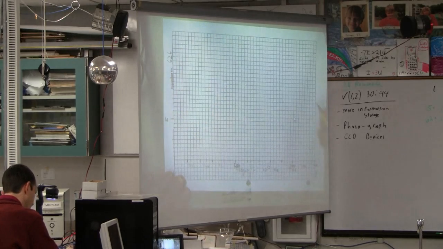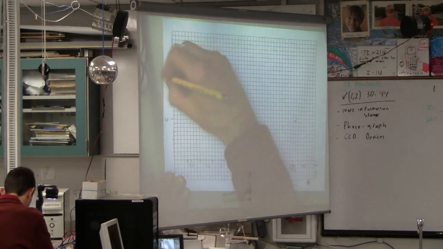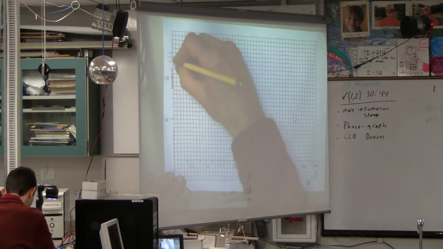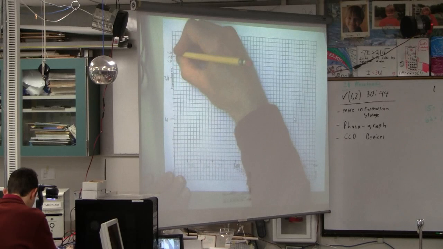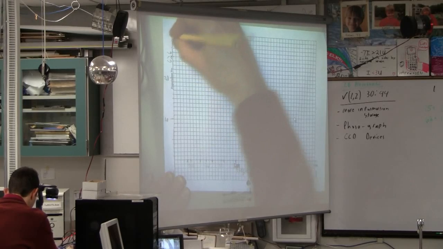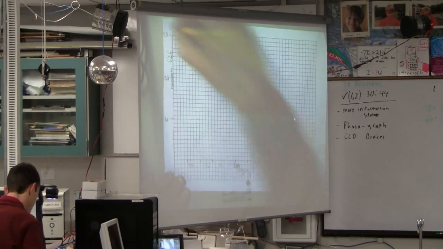We should have flipped it over so our axis was over here, shouldn't we? So many things, right? So this is going up to 3.0 volts, yeah?